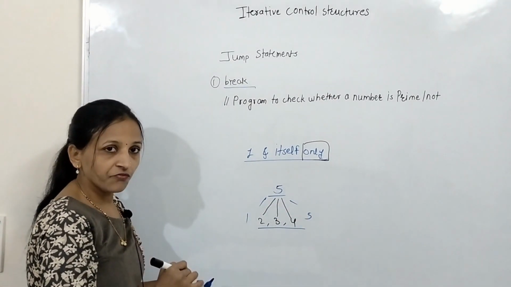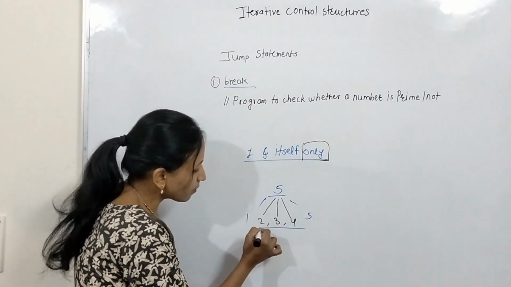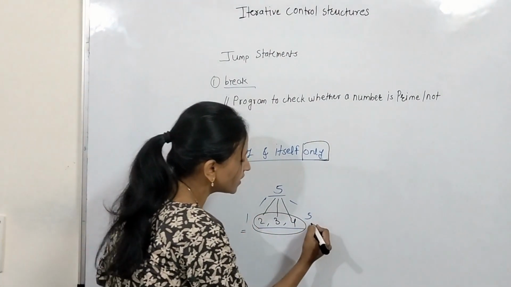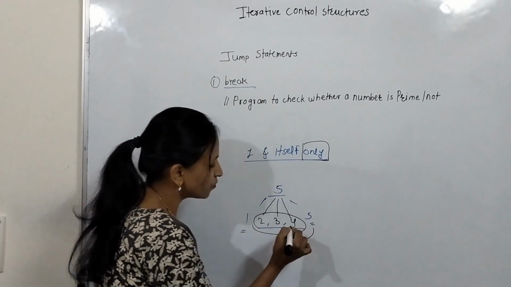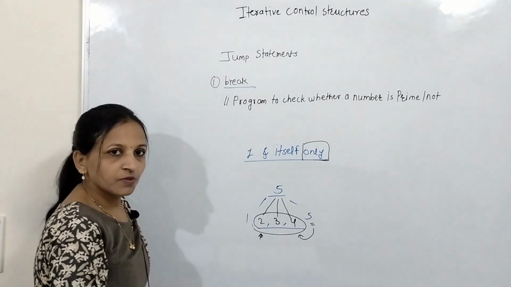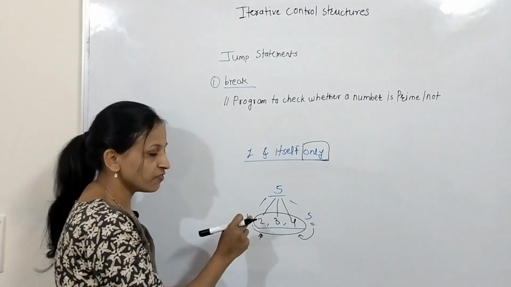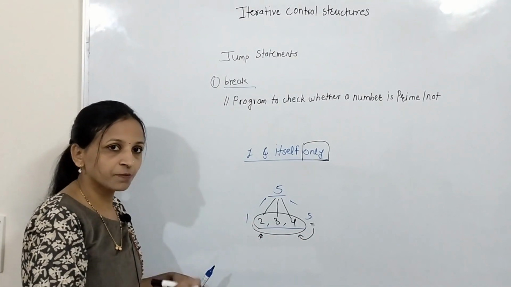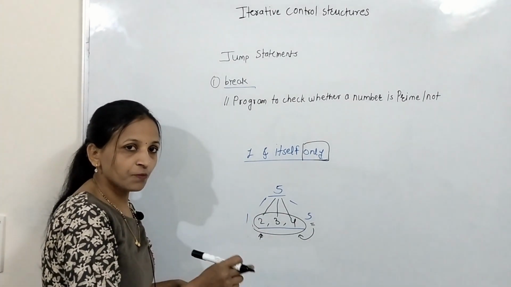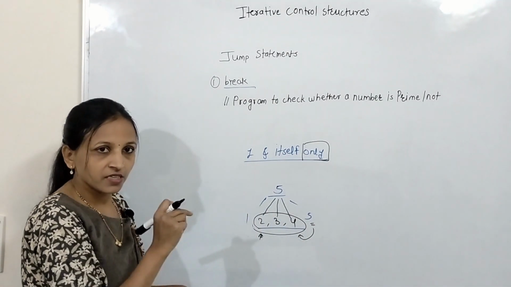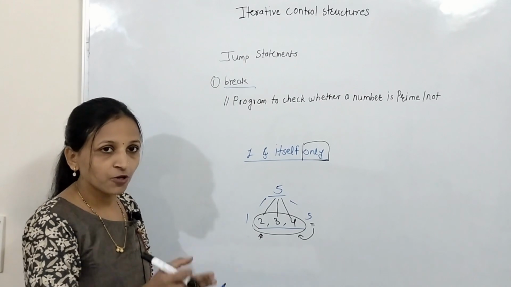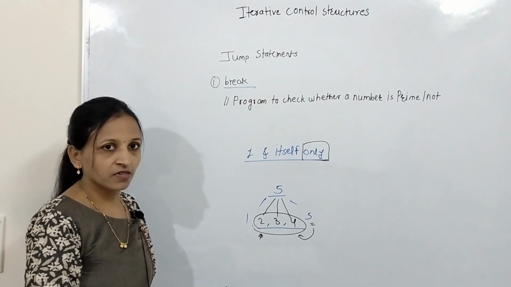In this way, if it is not divisible by any number between 2 and that number minus 1, then it is prime. Sorry, not 1, it starts from 2. Getting? So we start dividing the number by 2, then 3, then 4 and so on up to number minus 1. That means we have to divide the number from 2 to number minus 1.